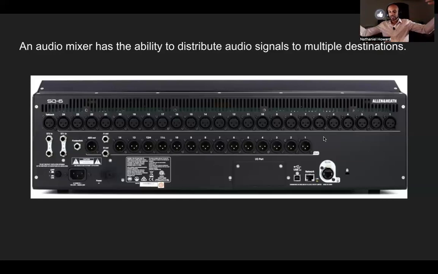So you have 2 ways of connecting inputs: from the digital snake in the front of the room and from the sound booth where you have the microphone receivers connected to the back of the audio mixer. I'm going too fast.